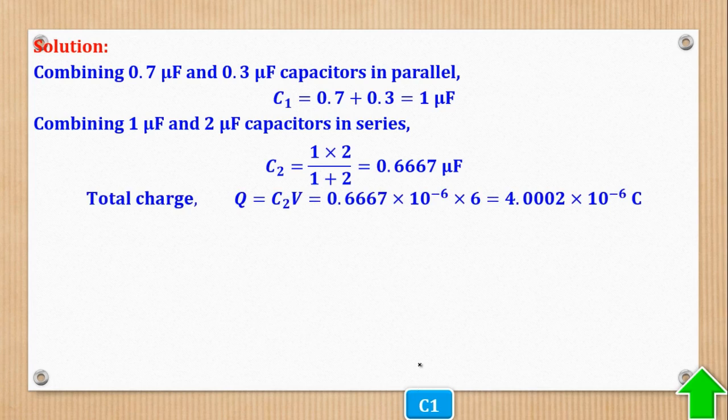Now, in this case, it implies that we have got the charge on C2, which is the total capacitance, and we also know the total PD, meaning we can get the total charge. So total charge is equal to total capacitance times total PD, which is this, to give you that as the charge. And that total charge is the charge on each capacitor because they are in series.